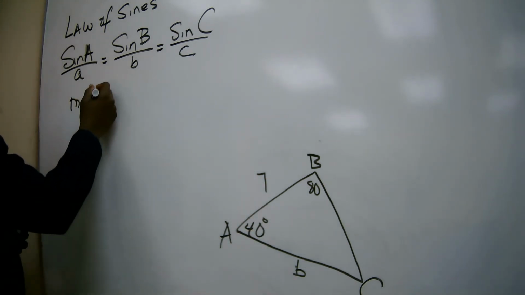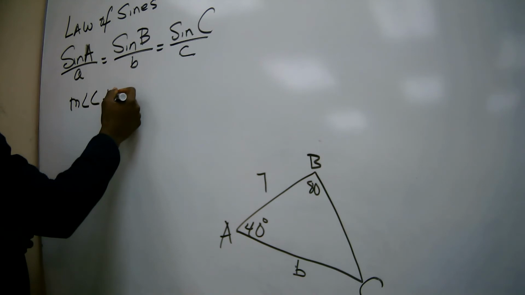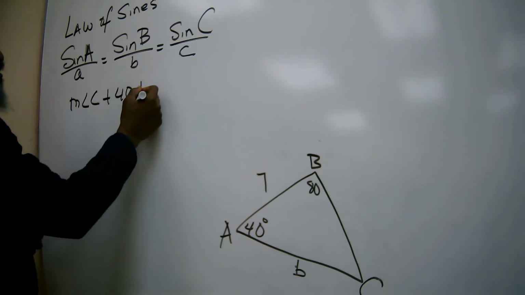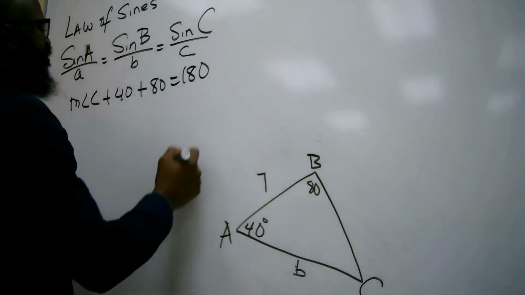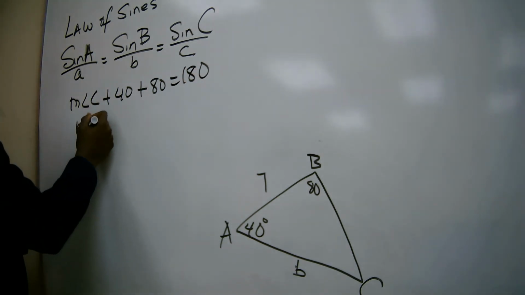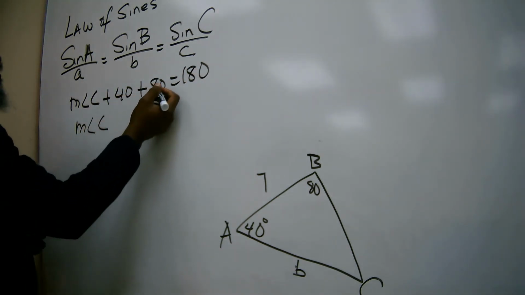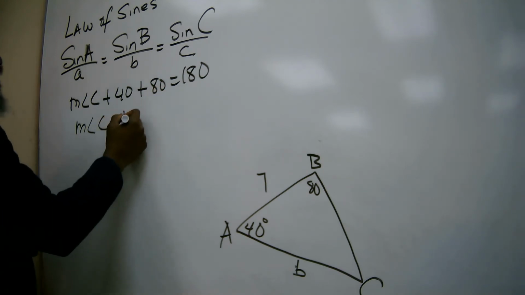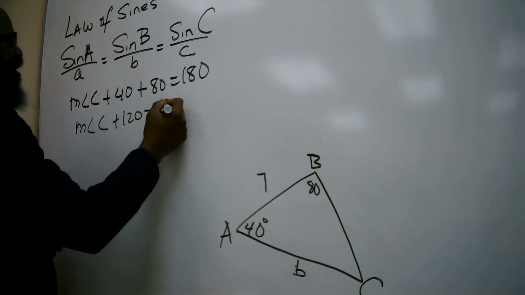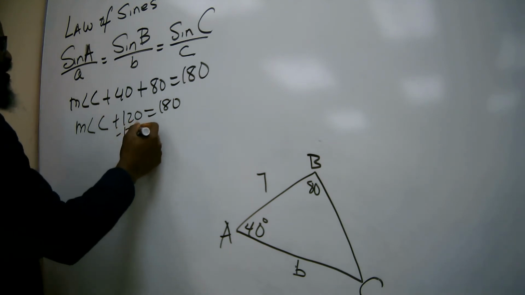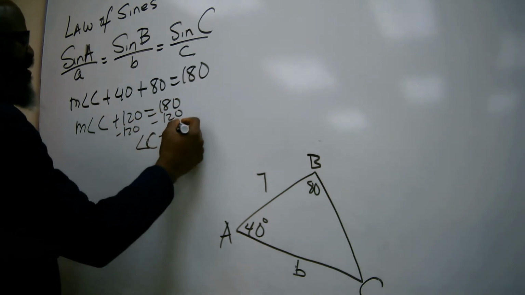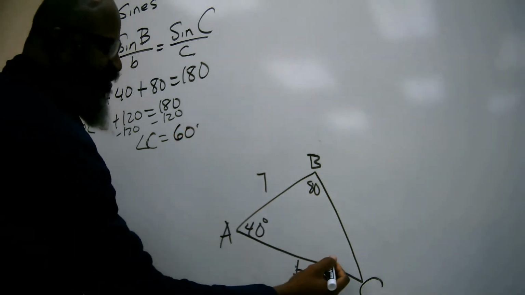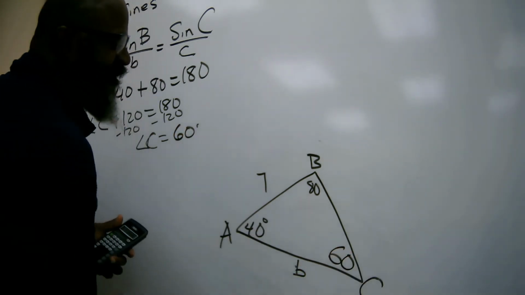So angle C plus angle A, which is 40, plus angle B, which is 80, must equal 180. That's the triangle sum. So you'll have angle C plus 40 plus 80, which is 120, equal to 180. Subtract 120 from both sides, and as you can see, angle C is 60 degrees.